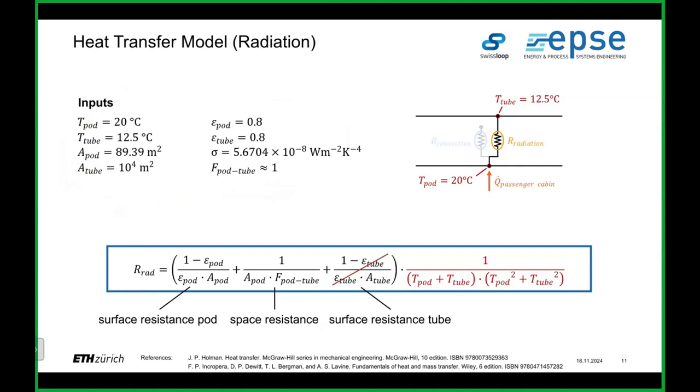Here you can also see that this consists of 3 terms. The last one is basically 0 because this tube surface here is very large, and it's also important to mention that the thermal resistance depends on the temperatures, so on the pod surface temperature and the tube surface temperature.